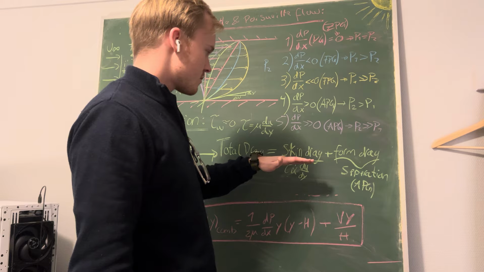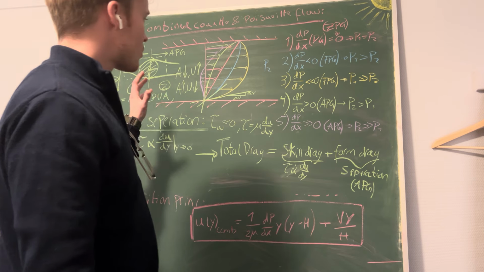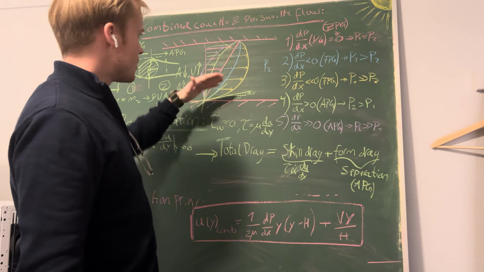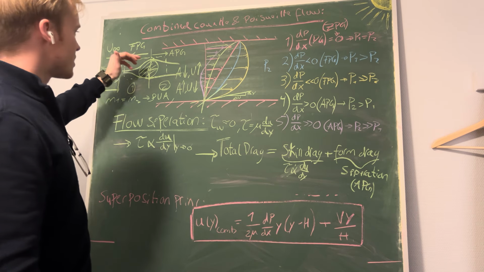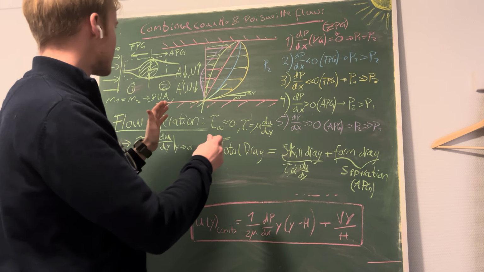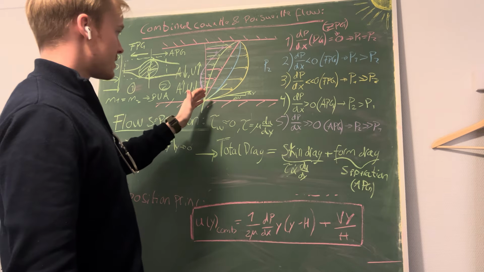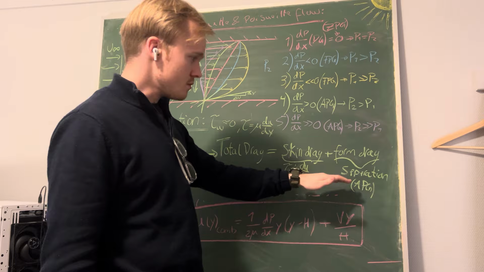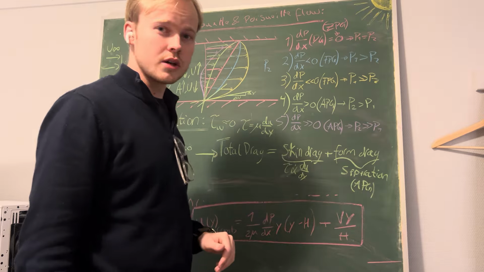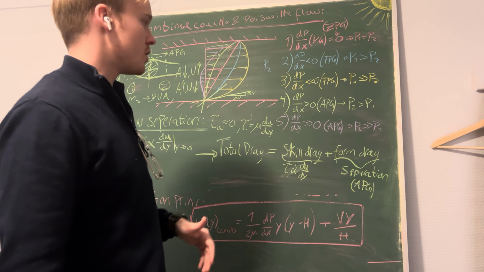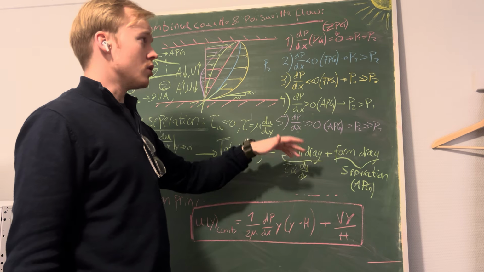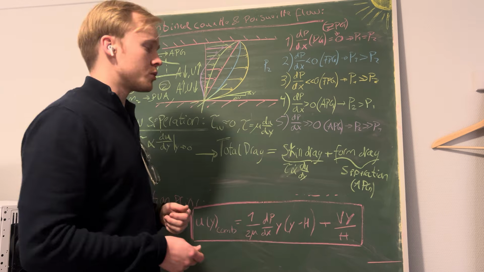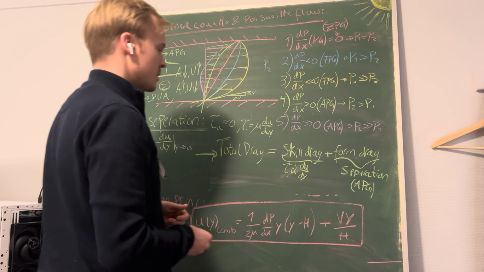So when we increase the pressure gradient, yes, we have more shear, and when we have more shear, there is more resistance against flow separation, which means that our form drag is going to be a smaller contribution than if we were to have a smaller favorable pressure gradient, because then the flow would separate earlier and we would have more form drag.